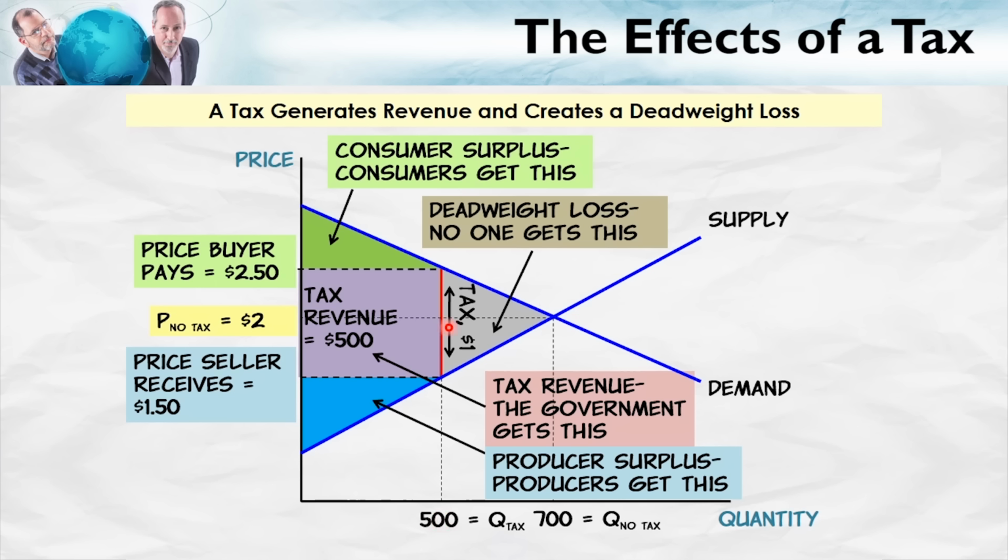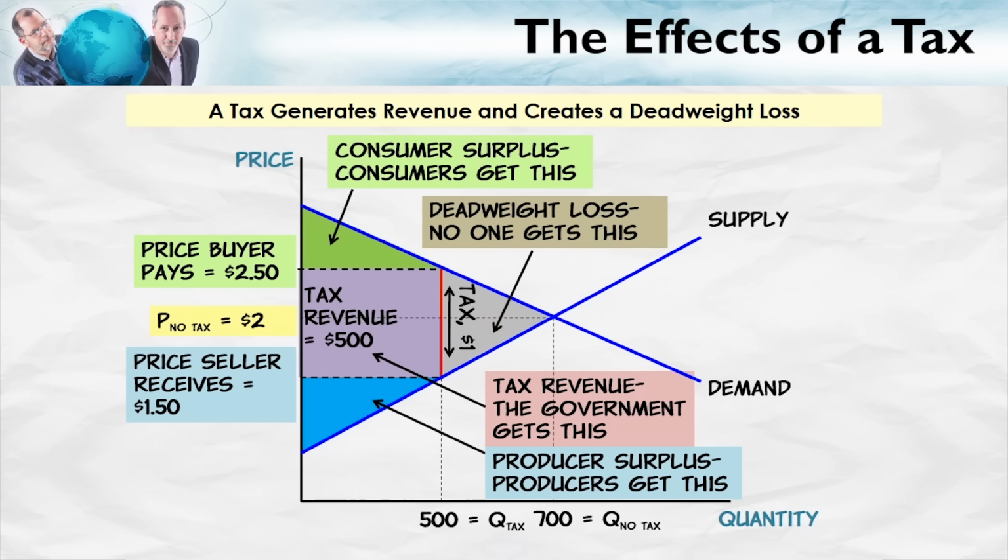Those units were benefiting people, but they're not anymore because these trades are not occurring. I'm going to explain that in a little bit more detail in the next slide. For now, just be sure that you understand how to label these areas. So this is the new consumer surplus, tax revenues, the new producer surplus, and this area is deadweight loss.